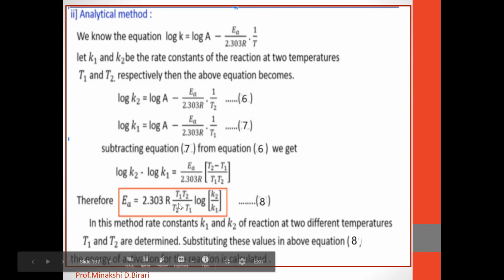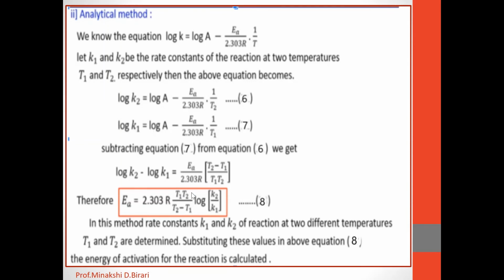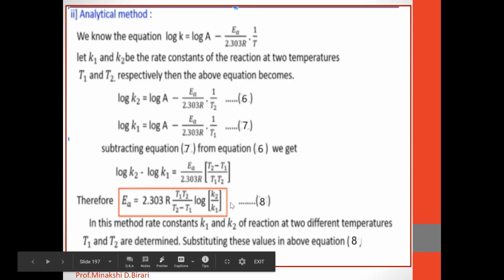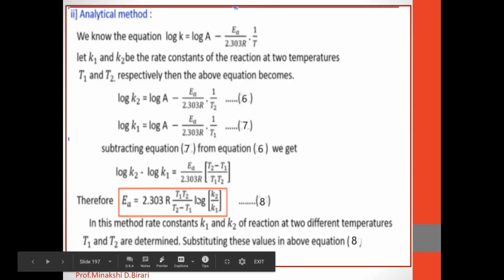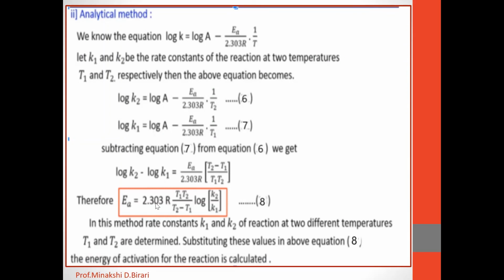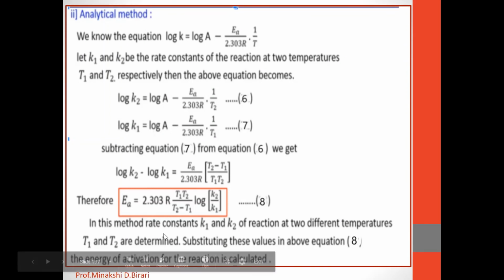By using this equation, if we have the temperatures T1 and T2 and also the K1, K2 values, we can calculate the energy of activation. So in this method, the rate constants K1 and K2 of the reaction at two different temperatures T1 and T2 are determined, and substituting these values in this equation, we can determine the energy of activation for the reaction.